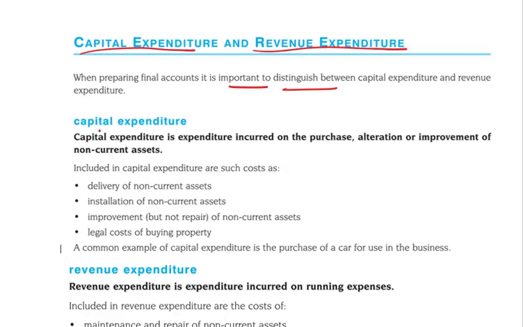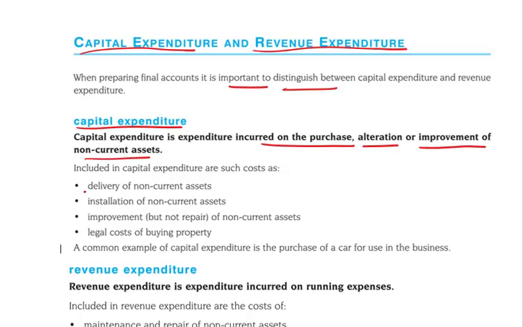Let's scrutinize the capital expenditure a little more. Basically, it is an expenditure incurred on purchase, alteration, or improvement of non-current assets. It's not just purchase. Even if you improve heavily, like reconstruction of a building, it is a capital expenditure.